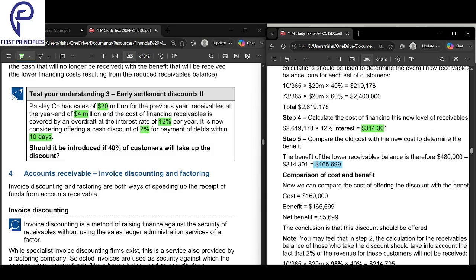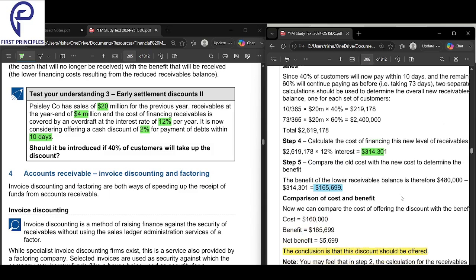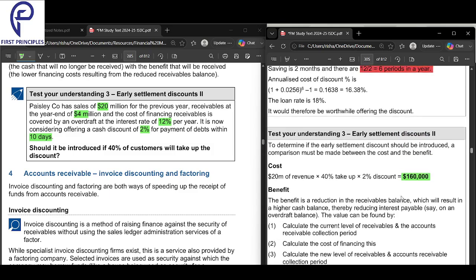Here the total benefit is 165 to you. So the cost is lesser than the benefit. Benefit is greater, so the discount should be offered. Ultimately you are comparing it with the cost.